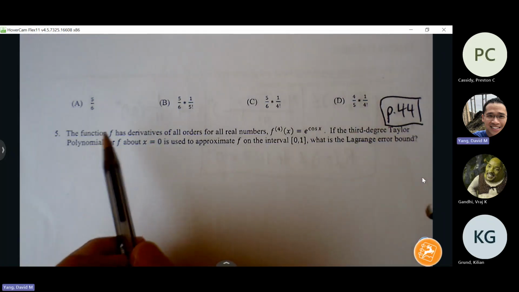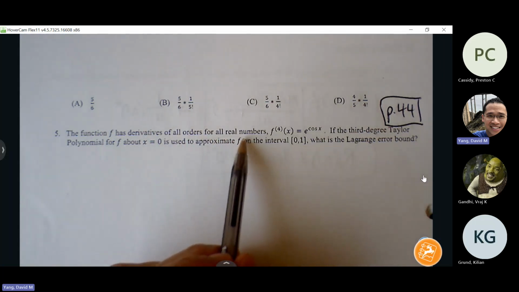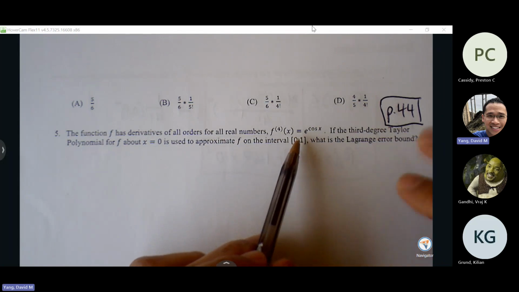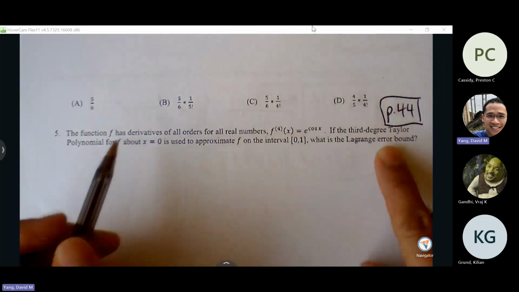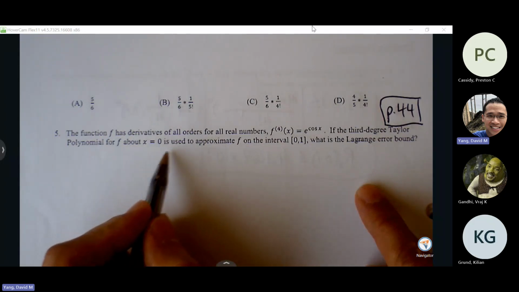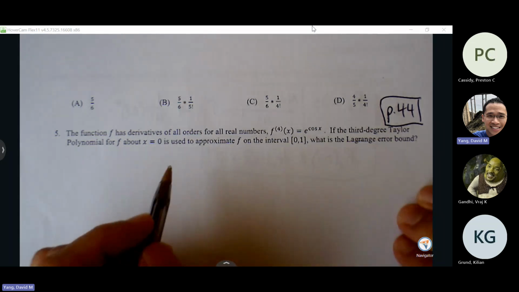It says the function has a derivative for all orders for all real numbers. The fourth derivative of f of x equals e to the cosine of x. If the third degree Taylor polynomial for f about x equals 0 is used to approximate f on the interval, what is the Lagrange error bound?